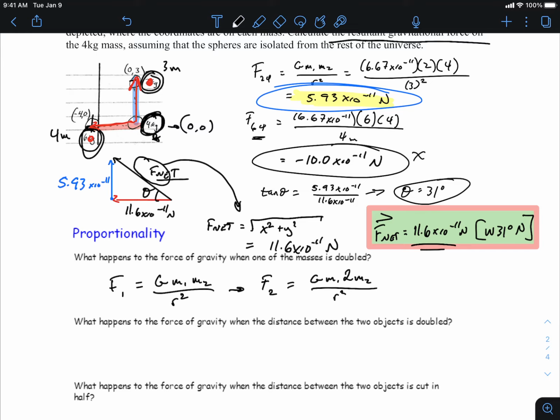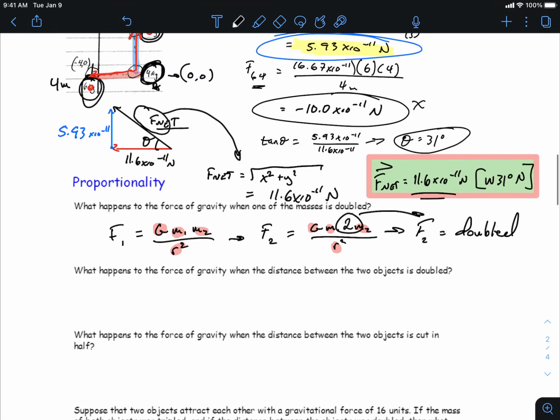Nothing else has changed. G is still there, m is still there, r squared is r squared. The only thing that's been added is this factor of 2. So we know that the new force is going to be doubled, because of this 2.